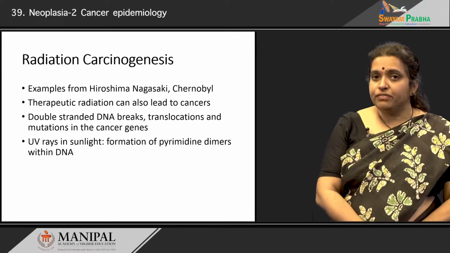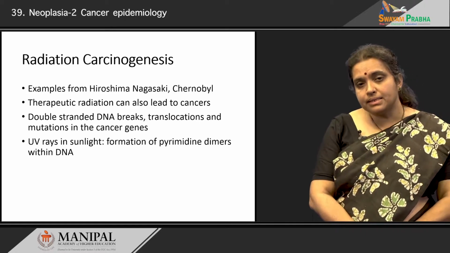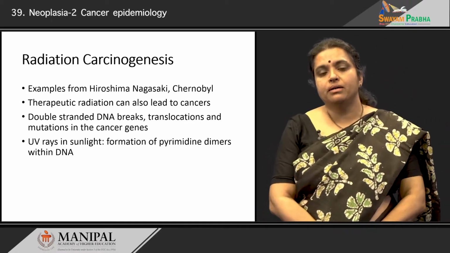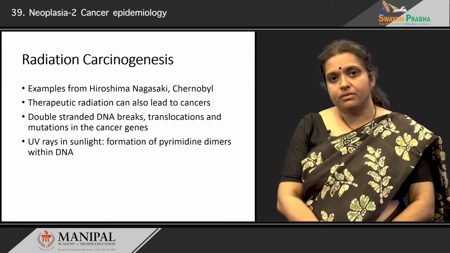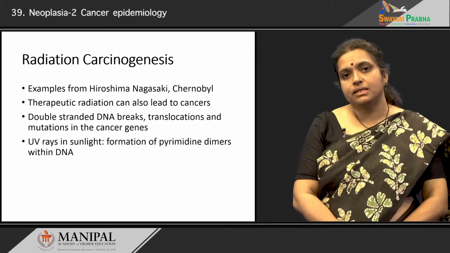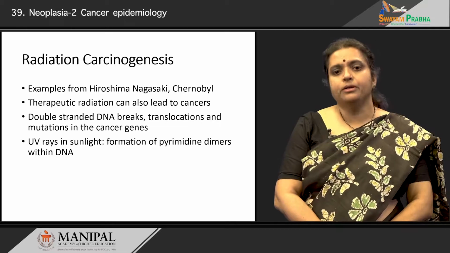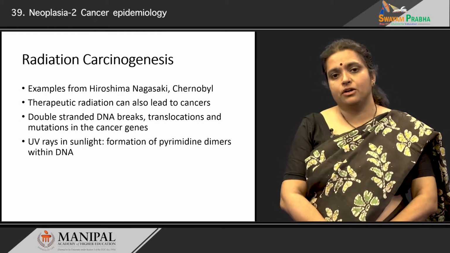People who receive radiation therapy are also known to develop certain cancers. Again, a therapeutic agent here, ironically becoming a carcinogenic agent. People who get radiation in the head and neck region, for instance, are known to develop carcinomas of the thyroid later on. Now, how does radiation cause cancer?